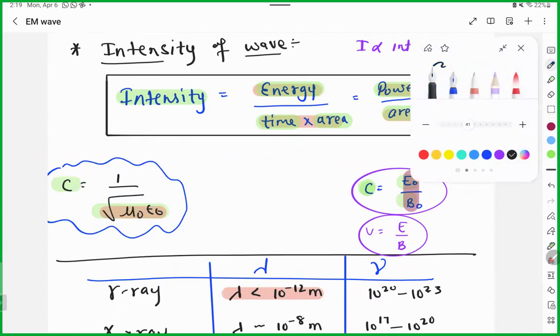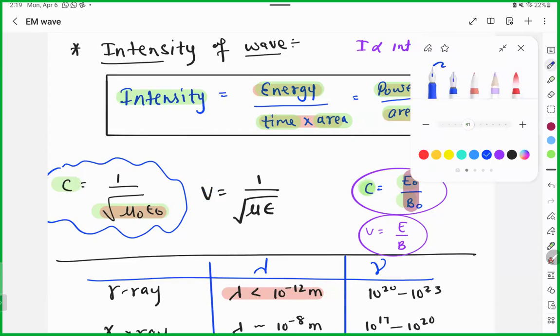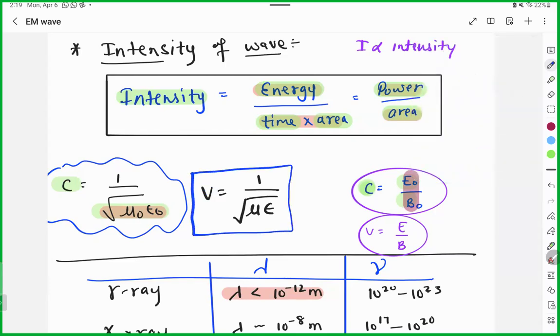In this case, if you calculate, V value will be equal to 1 by nu epsilon. Correct. Same way like how C and V are correlated here, exactly the same way, no difference, right?